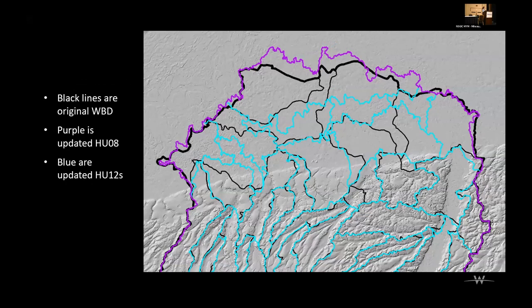Here's an example again of some Alaska data that we did. You'll notice that in the black are the old watershed boundaries. The purple is the new HUC 8 or big watershed of the project area, and the blue are the new HUC 12 watershed boundaries. What's most interesting about this is you'll see that it's all occurring, or most of it occurring, in the Yukon Delta, right?